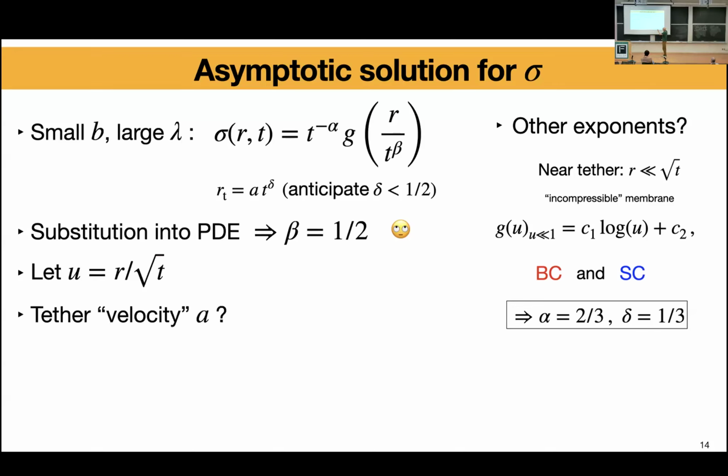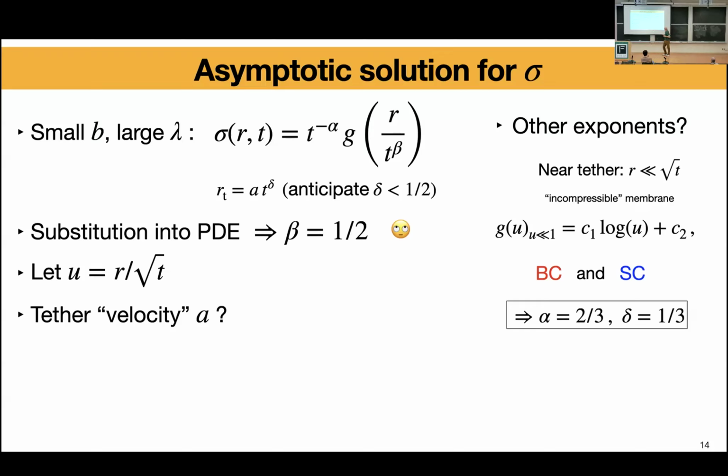So we can actually find g, because if we're near the tether, that means the diffusion front has long gone. We're essentially in an incompressible membrane limit. That's what fast diffusion means, that any change in density propagates very quickly. So we're essentially incompressible. And we know that in 2 dimensions, incompressible flow is like 1 over R. That means the corresponding tension is in log R, or equivalently in log u.